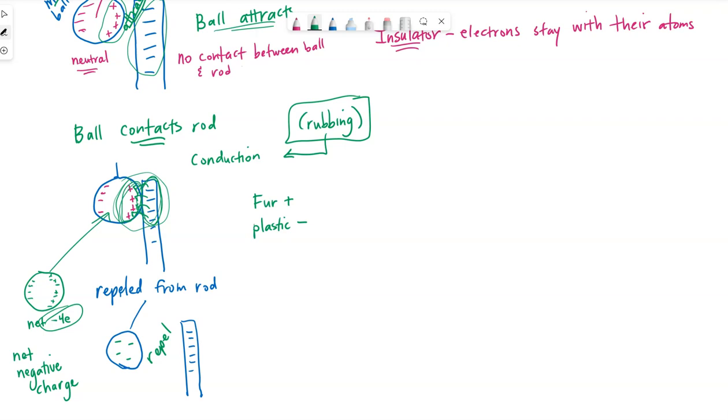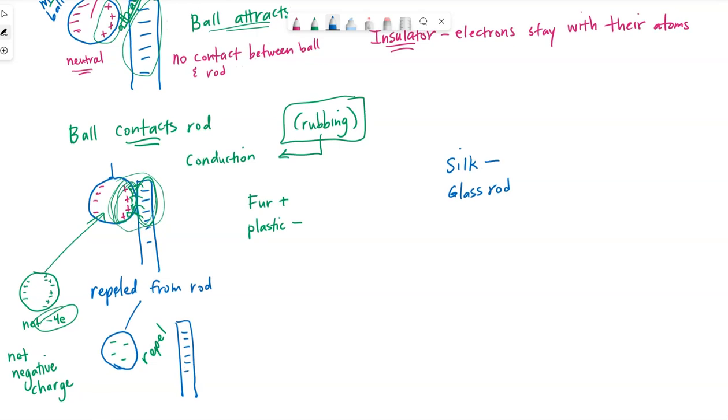Another common example would be silk rubbed on a glass rod, or just on glass in general. It is known that silk becomes negatively charged and the glass rod becomes positively charged. So these are 2 you want to keep in mind. These are known in terms of which object becomes positively or negatively charged.